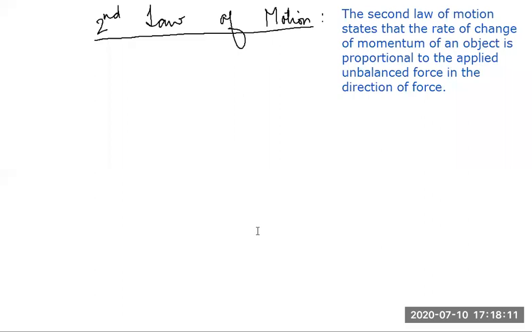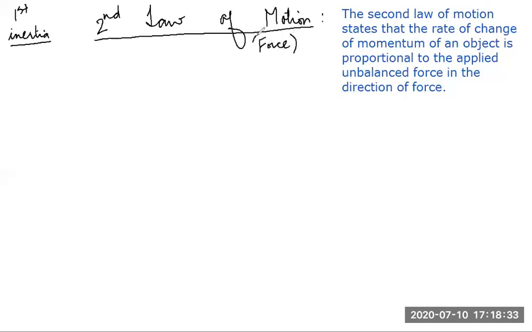When we talked about first law of motion, students, first law gave us the understanding of inertia. And when we want to talk about second law of motion, it will give us the definition of force.